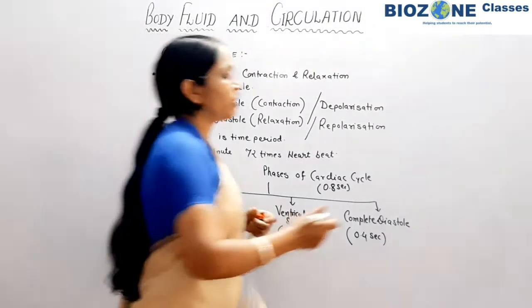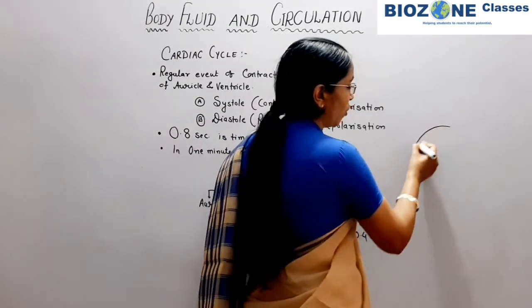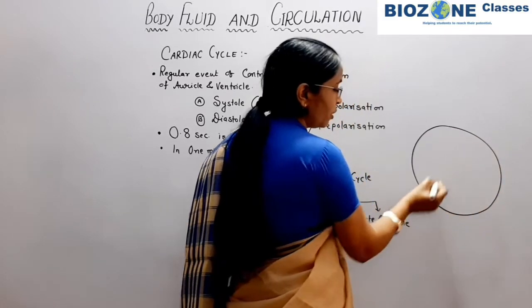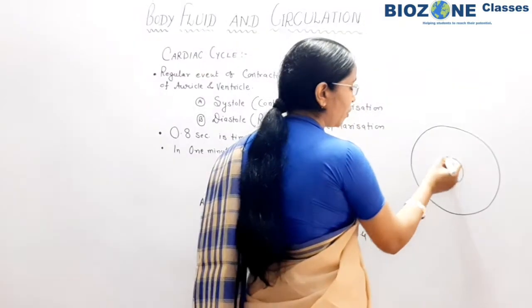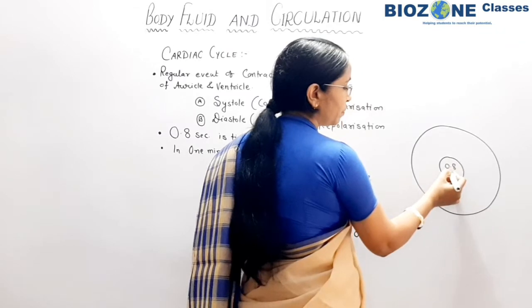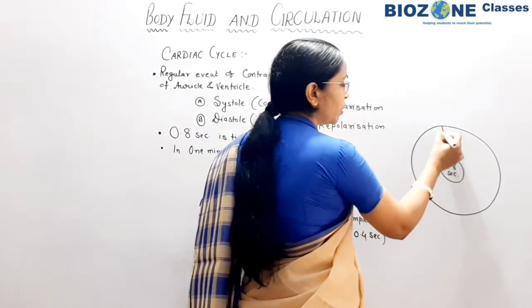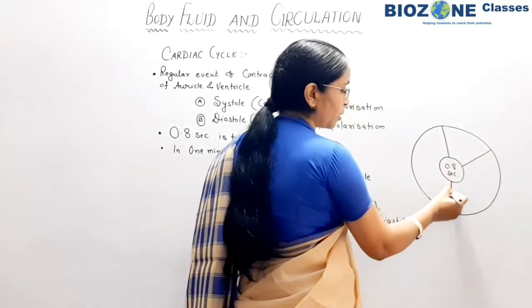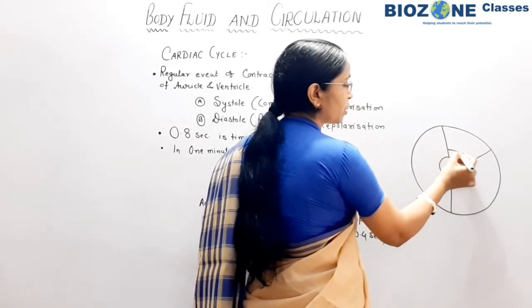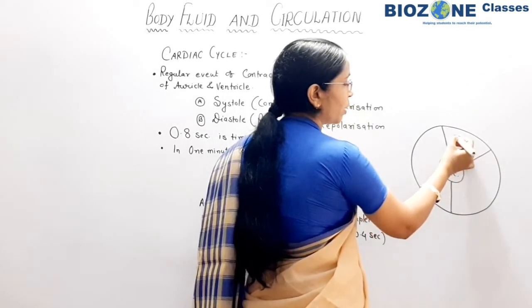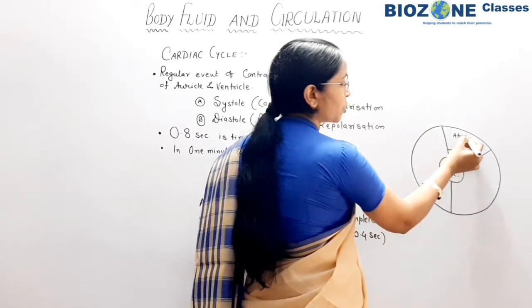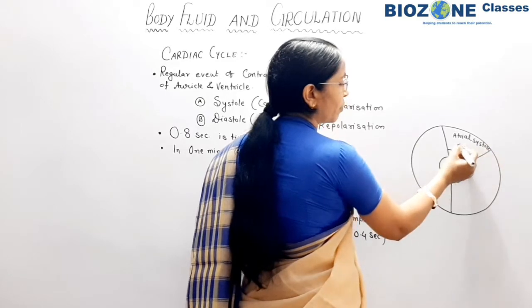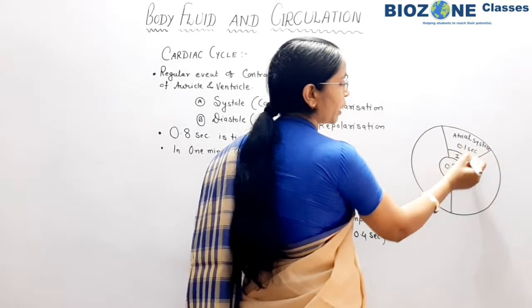If we study this cardiac cycle along with the diagram, here you remember the nodal tissue, you already know, is responsible for the impulse conduction. This is phase 1. Phase 1 is called atrial systole or auricular systole, and this systole is completed in 0.1 second.